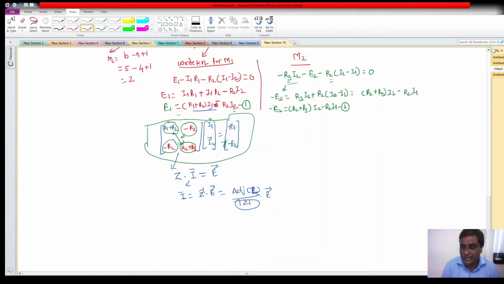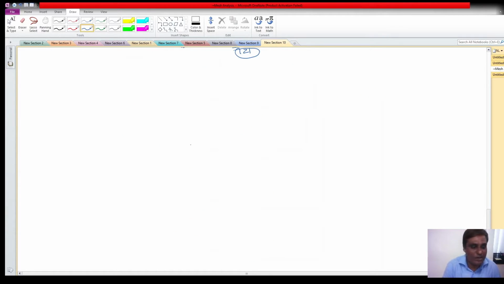Now let us draw one network and directly write the mesh equations in linear algebra form. So let me draw the circuit.